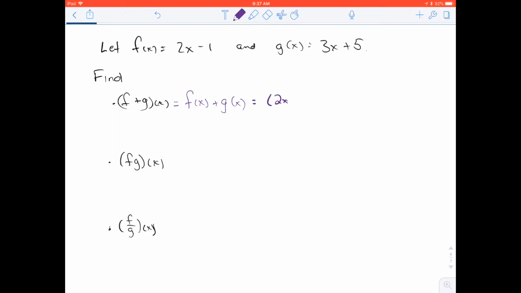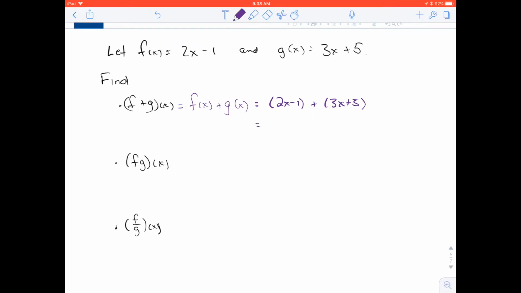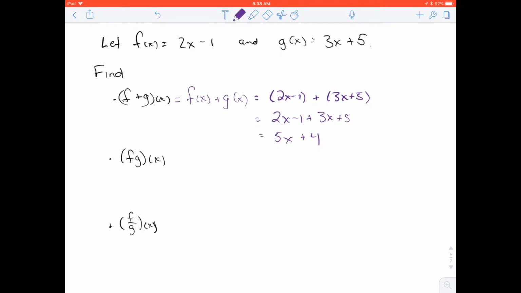So I'll take my 2x minus 1 and add my 3x plus 5. I put parentheses around them to make sure I am not missing any distribution, and I notice these are unnecessary, so I can drop them: 2x minus 1 plus 3x plus 5. And I'll get 5x plus 4. That would be the function that results from their sum.